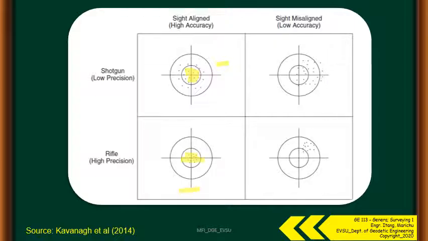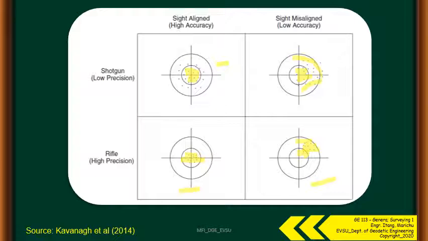We have here naman, low accuracy because less lang yung number of targets, and low precision because walang consistency ng mga values. Some of the values are out of the target. We have here naman sa baba, low accuracy, walang values na nakahit sa target but consistent naman siya sa kanyang measurement, yung value niya.